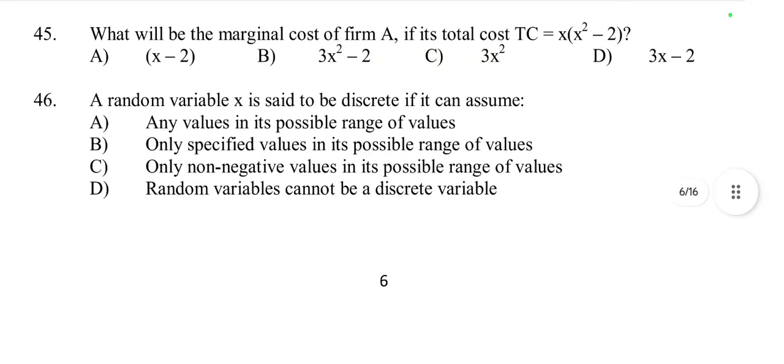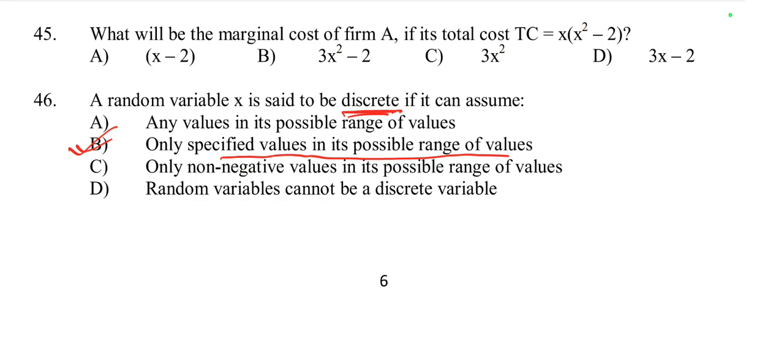Then question number 46. A random variable x is said to be discrete if it can assume... So a random variable x is said to be discrete when it can assume any values in the possible range of values, or only specified values in the possible range of values. Yes, discrete means only specified values in the possible range of values can be assumed.